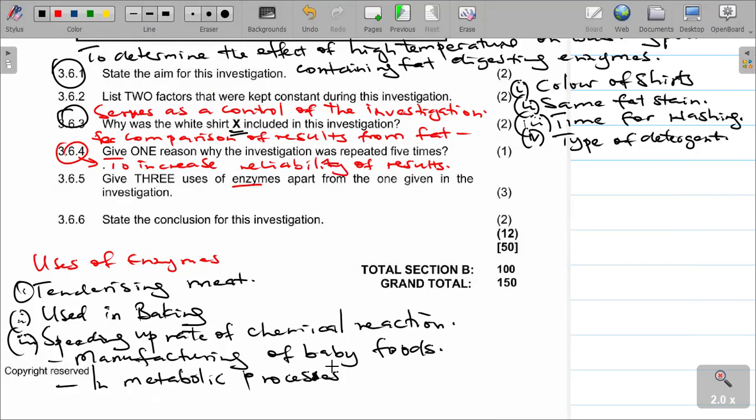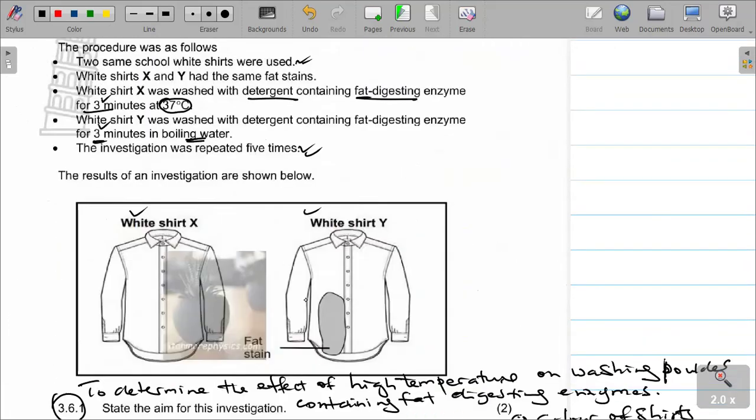And then the conclusion from the investigation. What conclusion can be drawn from this? We can look at the shades. The investigation was repeated. The results of the investigation are shown below.